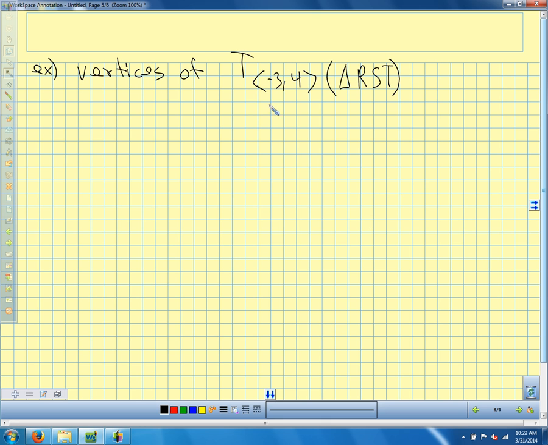So what this is telling me is that we are doing a translation. This is my X, and this is my Y. Translation -3 units in the X direction, and 4 units in Y direction.